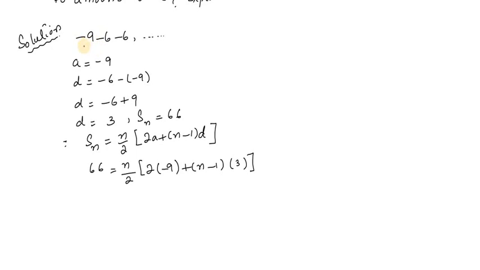Okay. So the 2 in the denominator is being divided, so it goes to the other side and multiplies: 2 multiplied by 66 is equal to n times (-18 plus 3n minus 3).